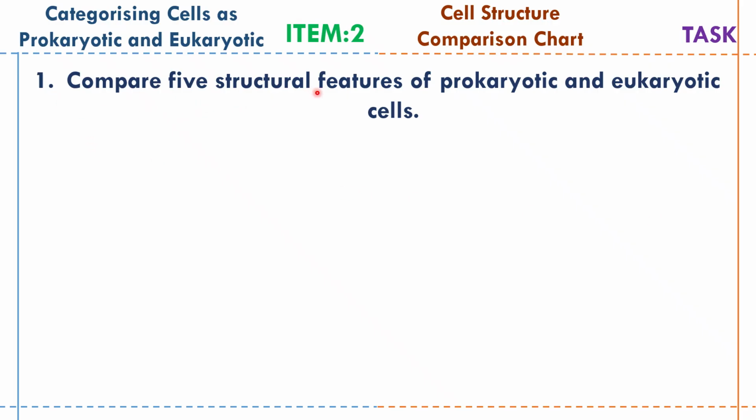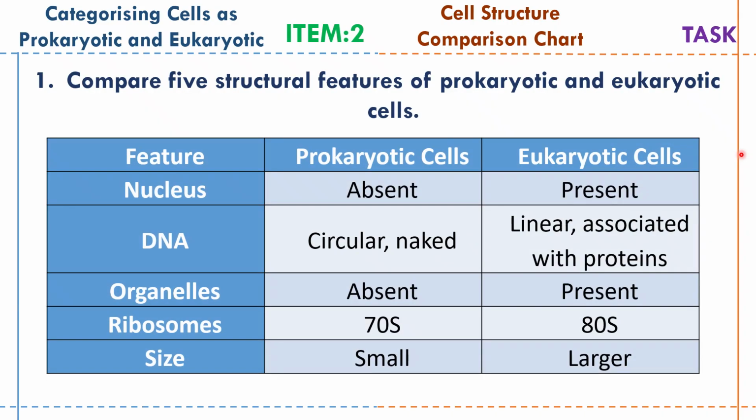Compare 5 structural features of prokaryotic and eukaryotic cells. We have the features: prokaryotic, eukaryotic. The nucleus is absent in prokaryotic, present in eukaryotic. DNA, circular and naked in prokaryotic, linear and associated with proteins in eukaryotic.